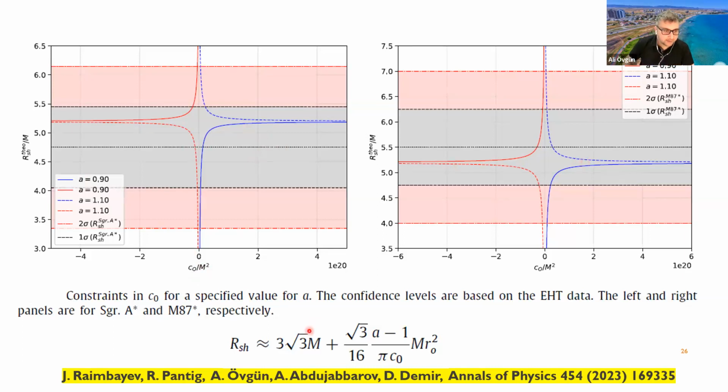If you look at the approximate shadow radius, the Schwarzschild black hole has 3√3m, but for the Symmergent black hole there is some extra term which comes from the effect of the loop factor C0 and parameter A. Here you can also see the effect of the Symmergent gravity on the shadow.